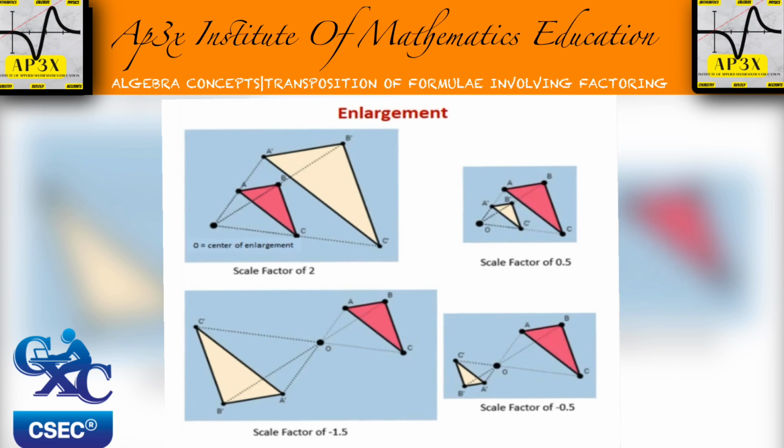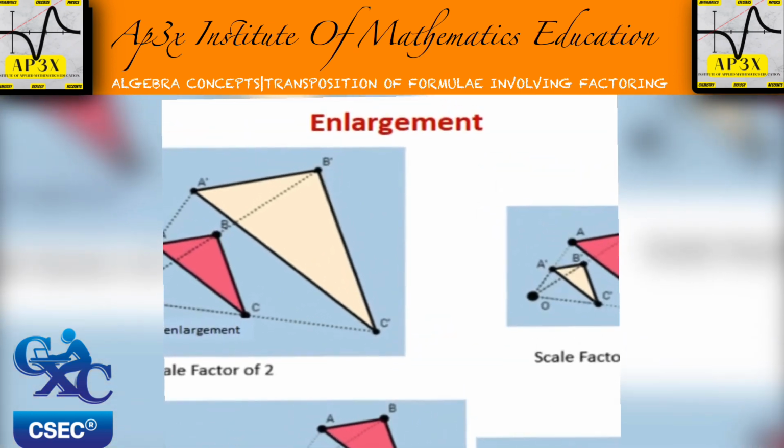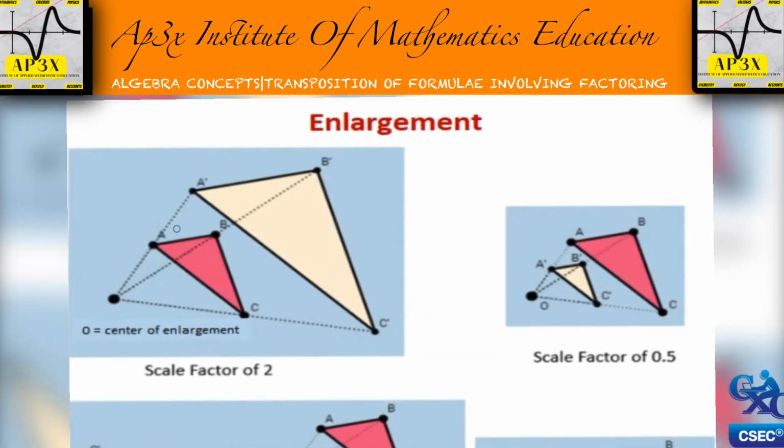Now in diagram 1, as you can see as I zoom up the screen for you, what the image is demonstrating is that the triangle ABC became A prime B prime C prime, which is the image, and the scale factor is 2, right? So this is just me telling you that the scale factor is 2.